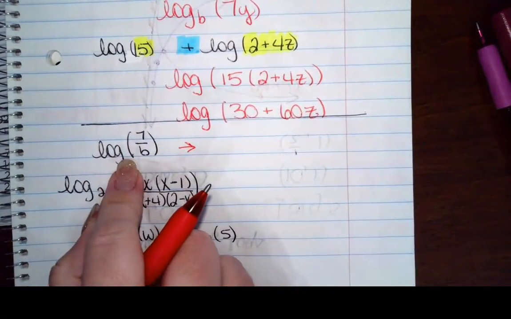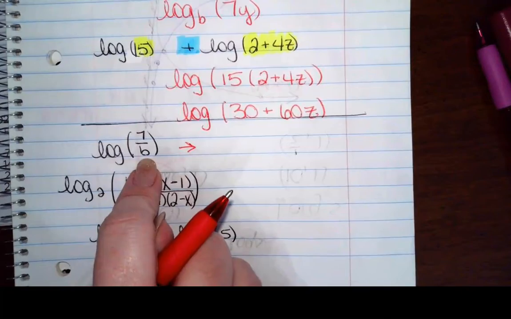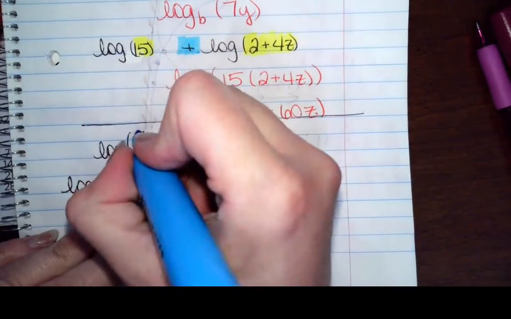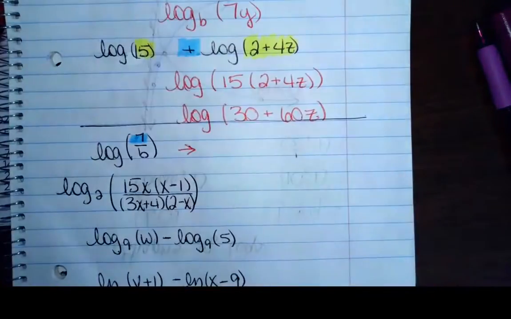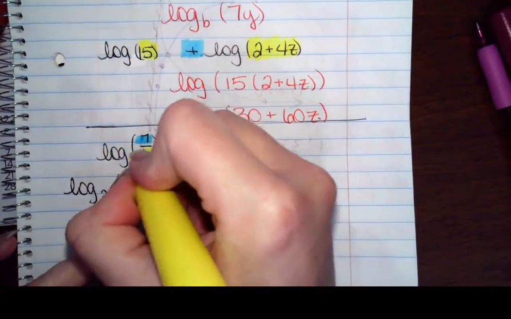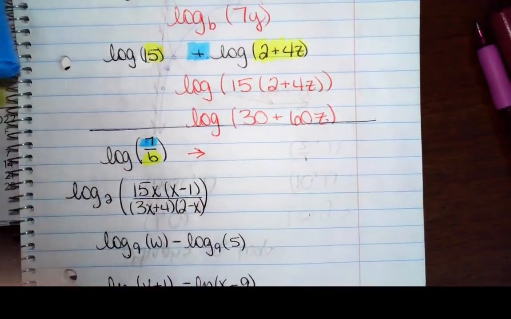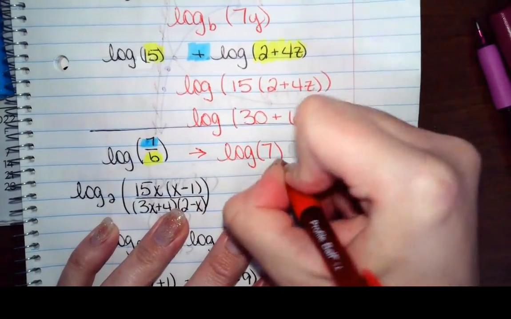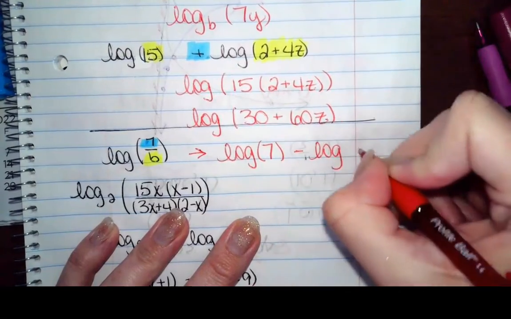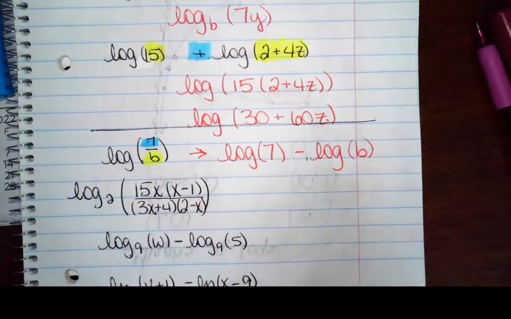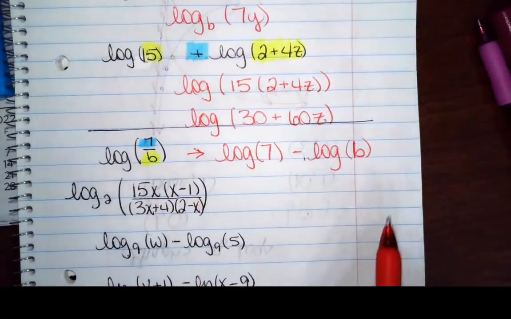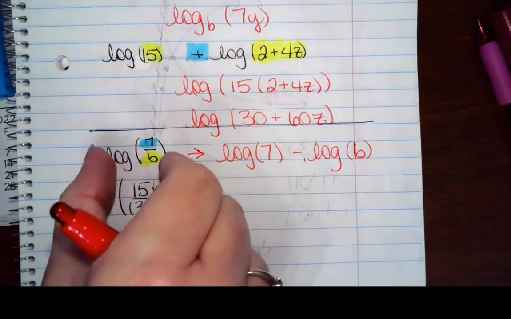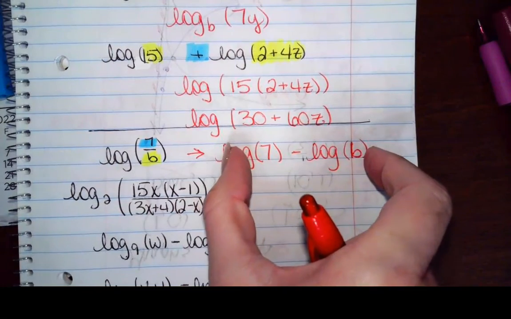So for this one, I've got the common log of 7 divided by b. So I'm going to have two separate logs because I've got 7 divided by b. That's going to turn into the common log of 7 minus the common log of b. So I have taken something that was condensed and I have expanded.